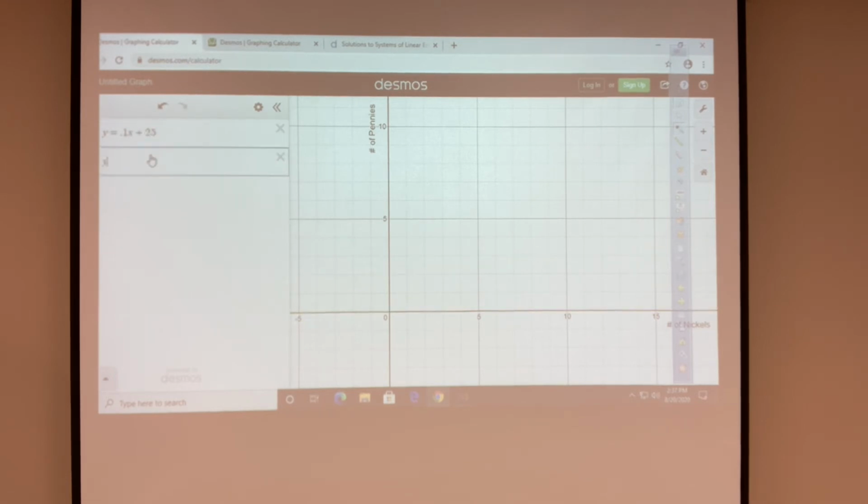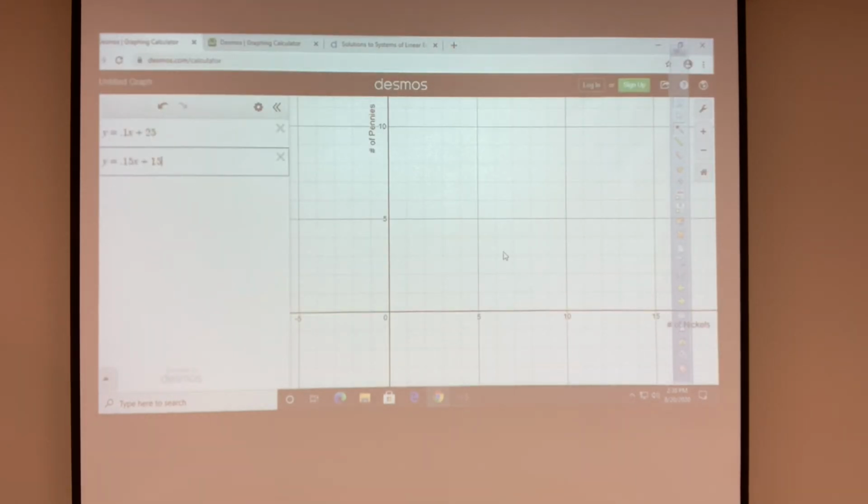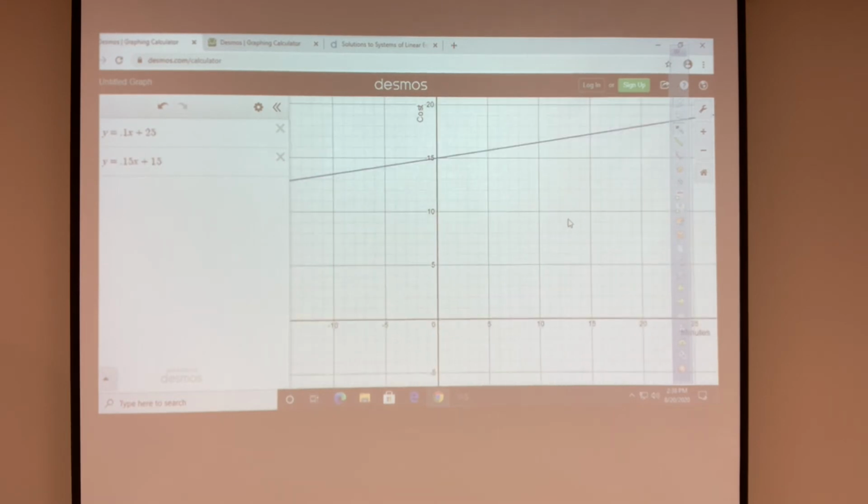And the other one was y equals 0.15x plus 15. Okay, so I'm going to zoom out here. X-axis is minutes, y-axis is cost.